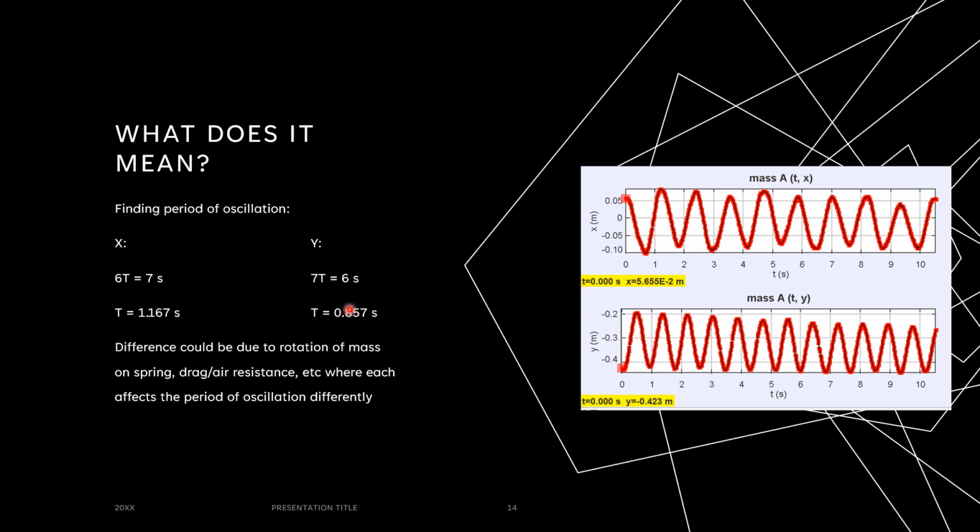And then the difference in oscillation time, which is pretty big, around 0.3 seconds, could be due to, like I said earlier, the rotation of the mass around the spring, things like drag and air resistance, and how each of these things can affect the x and y components of the motion differently.